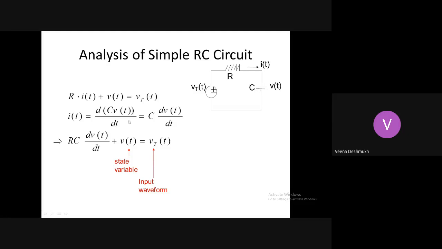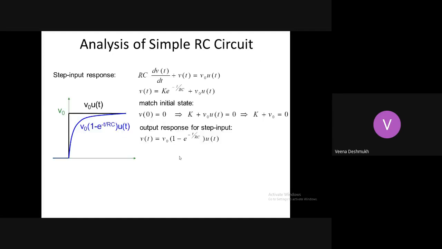If you simplify the equation, you get V of t as RC into dVt by dt plus the state variable V of t. That is the variation in time as soon as you apply the voltage. So this is the step input response. With the help of the graph, we can analyze. This is what we discussed yesterday.